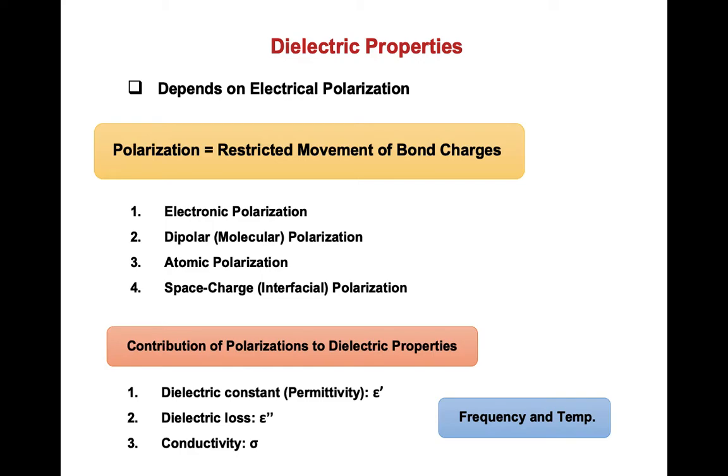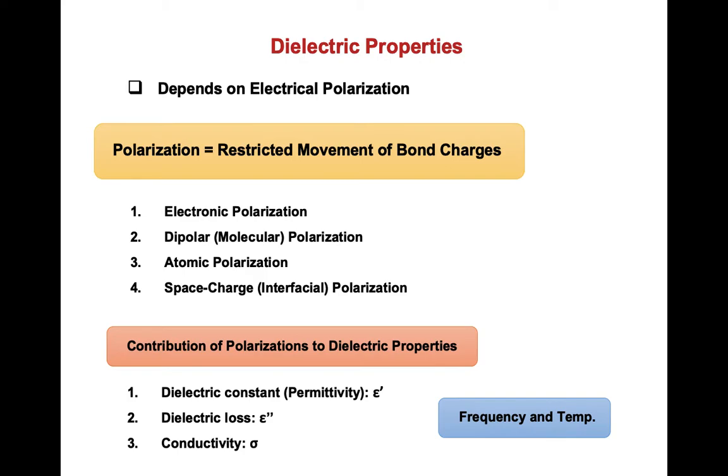Polarization means restricted movement of different types of bound charges present in the system, like dipolar, electronic, atomic, and interfacial or space charge polarization. For polarization, the basic requirement is some kind of charge separation, and the mobility of these charges is due to the applied electric field.